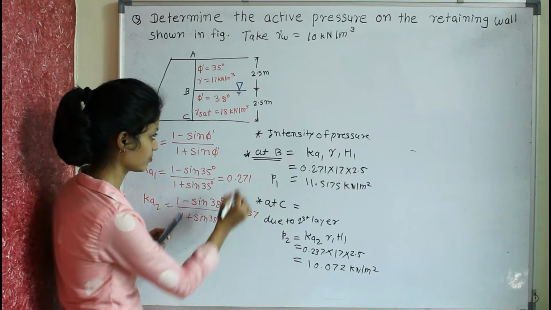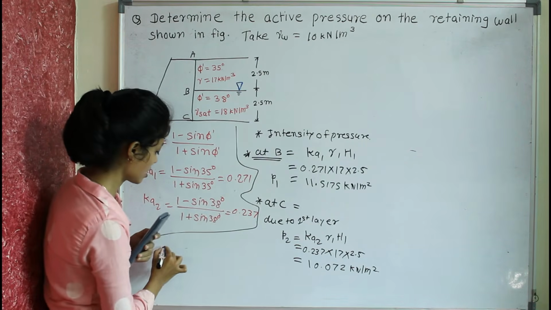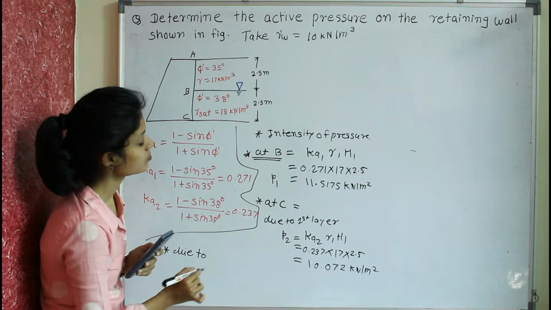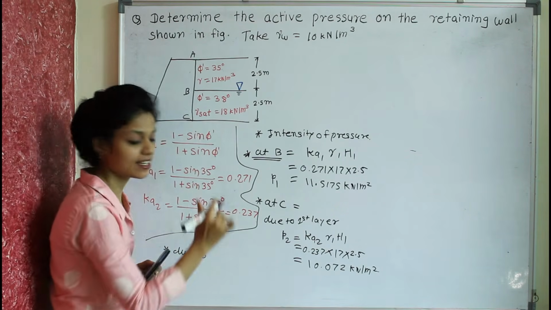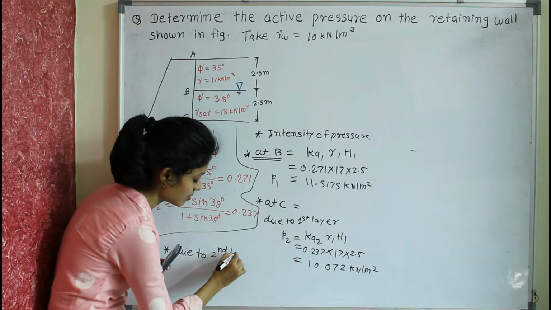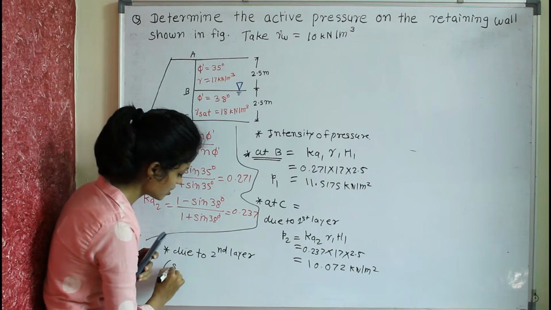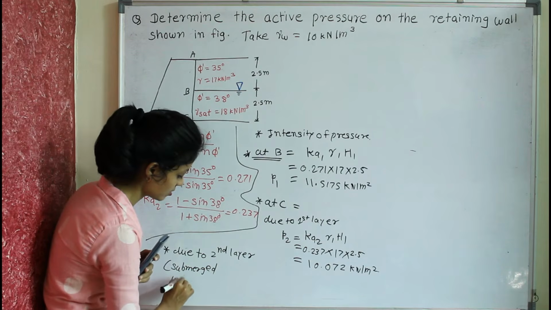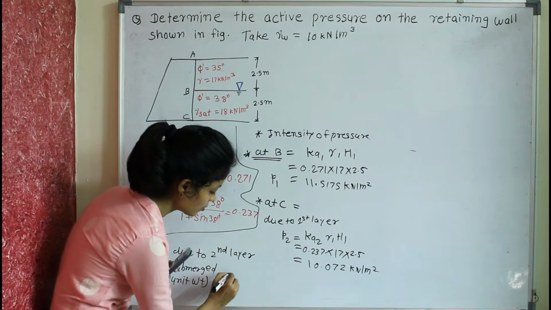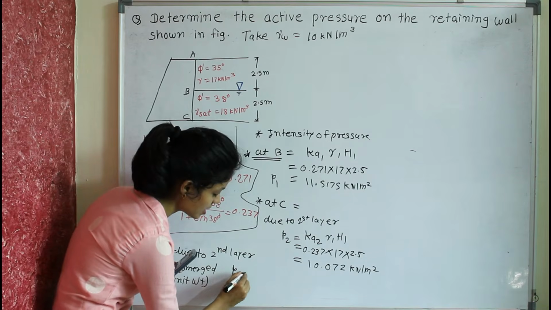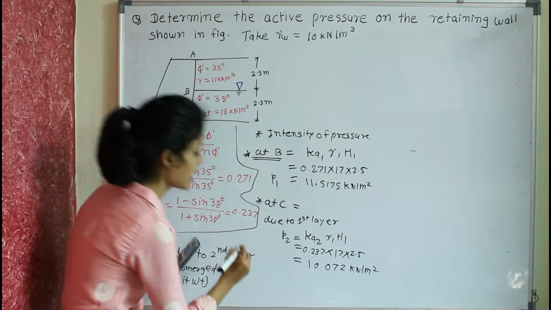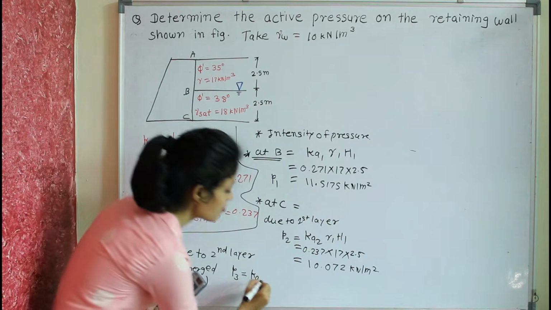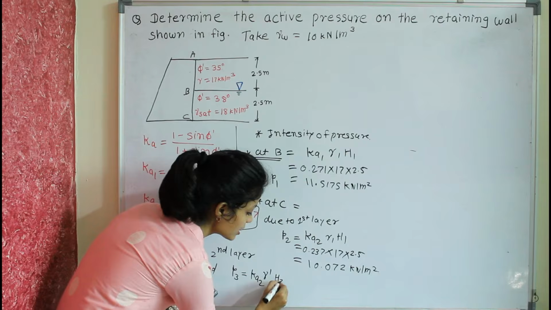Next, at C, due to second layer, by taking submerged unit weight. Therefore, small letter P3 equal to Ka2, active earth pressure coefficient of second layer, submerged unit weight into thickness of second layer.